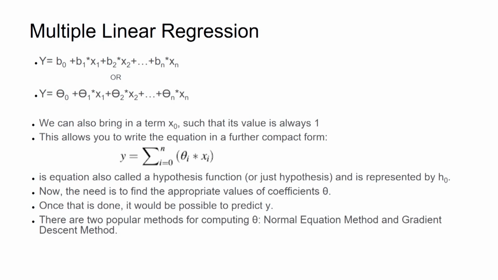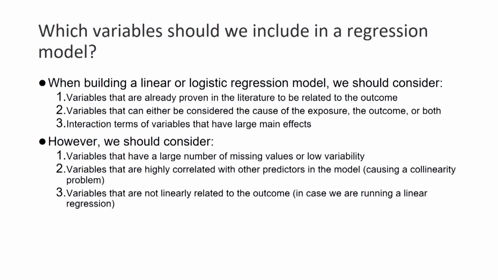We will learn these coefficient values from the data set, and once these values are learned, we can always predict the value of y for the given new instance x. We have already seen there are two popular methods, normal method and gradient descent method, but this is the multiple linear regression. Here we are having more than one independent variables.